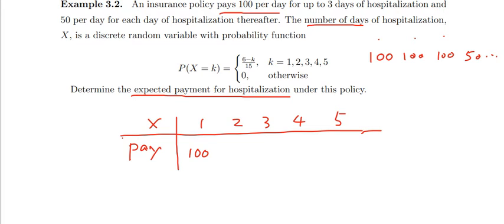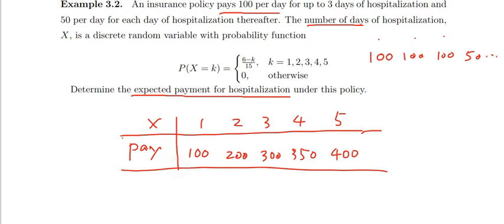So 2 days should be 200, right? 2 days 200, 3 days 300. So 4 days is 350, right? 5 days is just 50 more, 400. So if they stay in hospital for 5 days, pay 400, right?